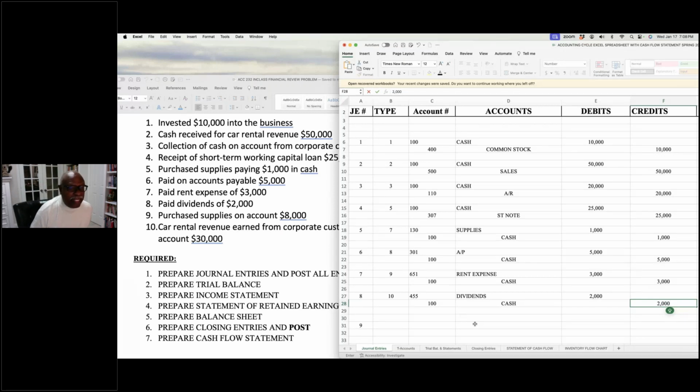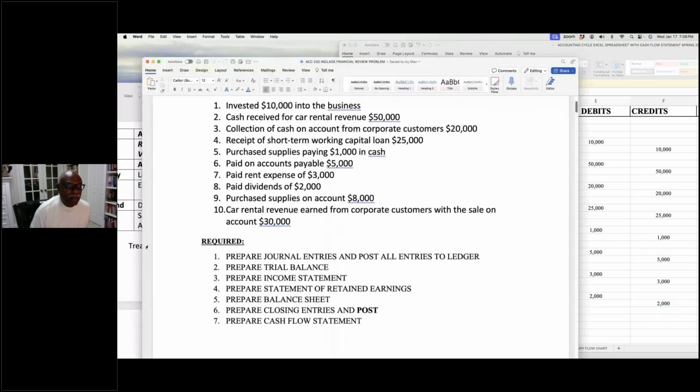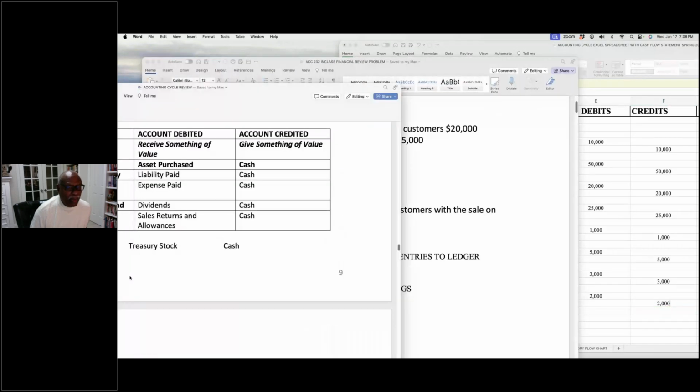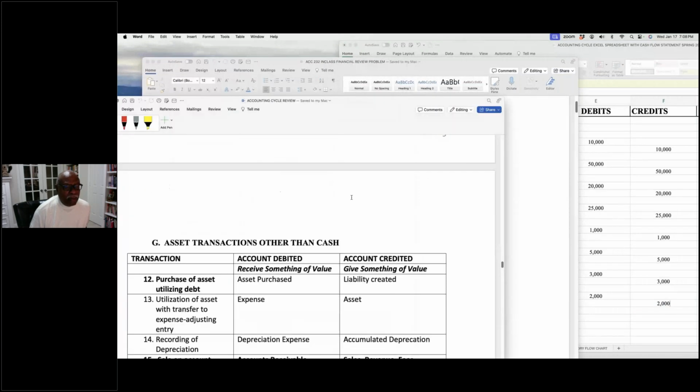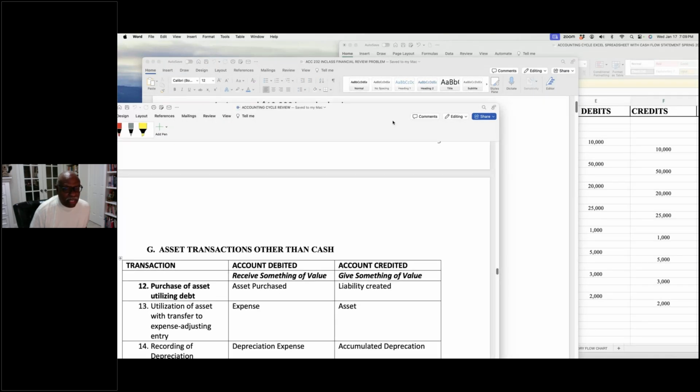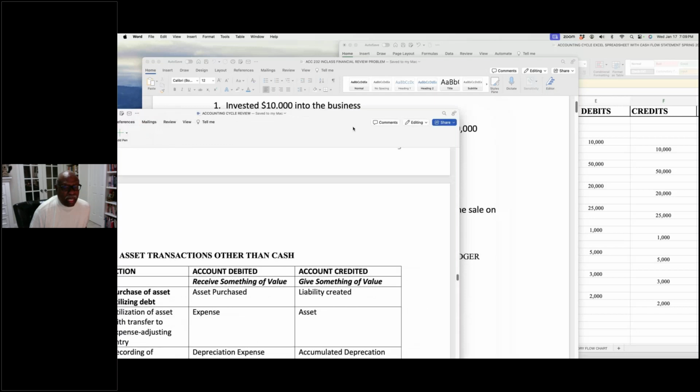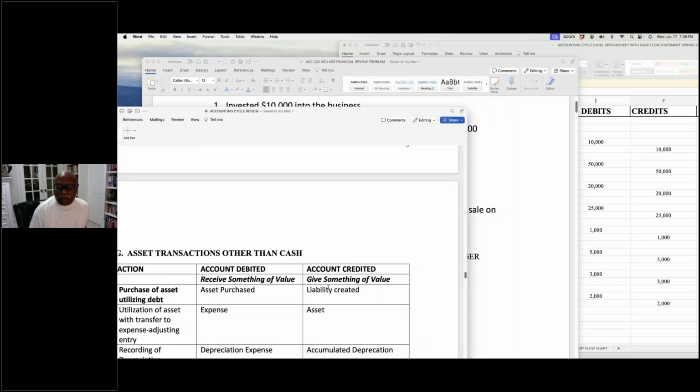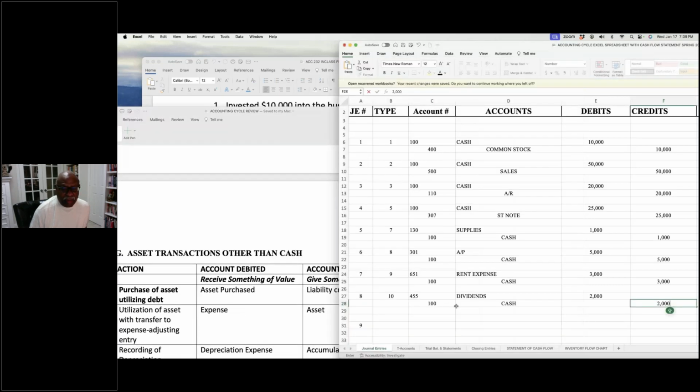What type do we think that is? Well, that's a 12. Purchasing an asset utilizing debt. So we're going to debit the asset purchased and credit the liability created. That's type 12.